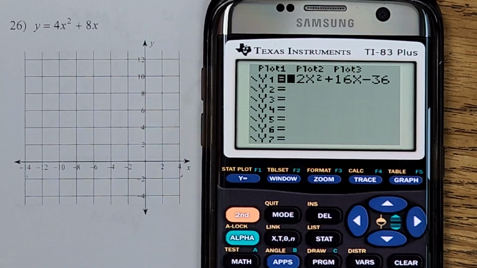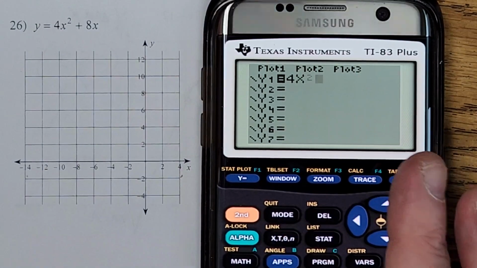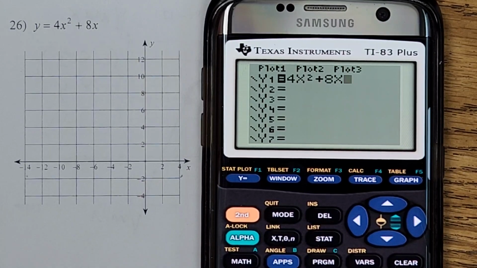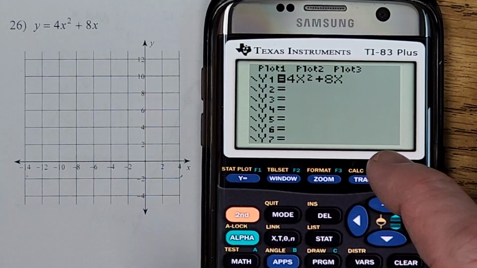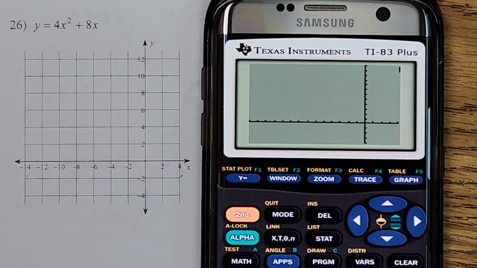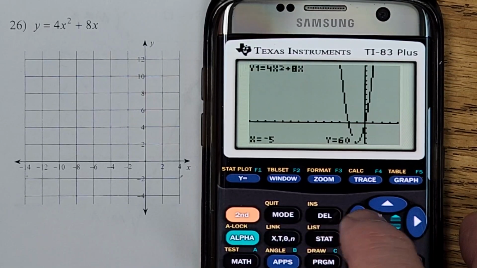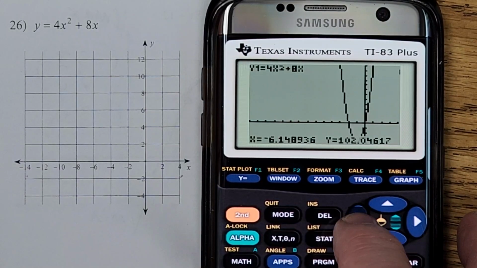Y equals, and we're going to enter 4x squared plus 8x. And then we're going to trace. And we're going to look for where we see the vertex, and it's going to be right in the middle, so it's kind of hard to see because it's got that 66 over the middle of it.